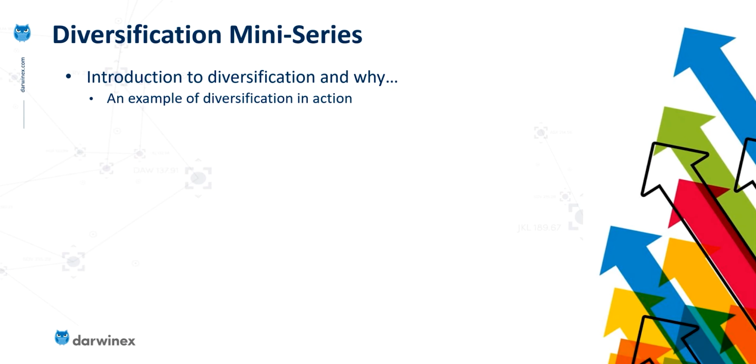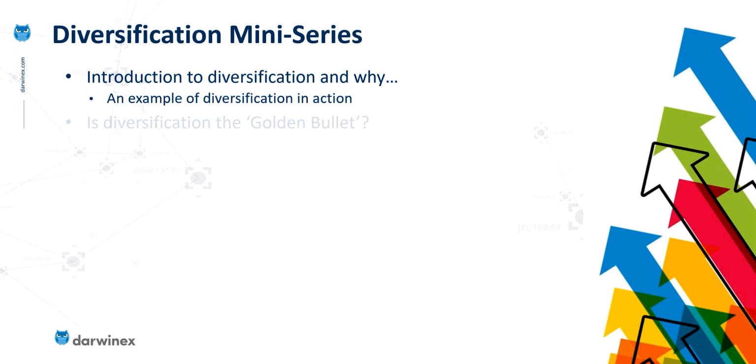So at the beginning of any series, I think it's worthwhile taking a look at the journey that we're going to take and the subjects that we're going to cover. Today's episode is going to be an introduction to diversification and look at the fundamental reason why this is a good idea. I'll also look at a specific but simple example of diversification in action so that you can see the great potential of this technique.